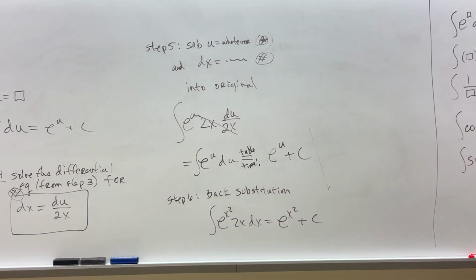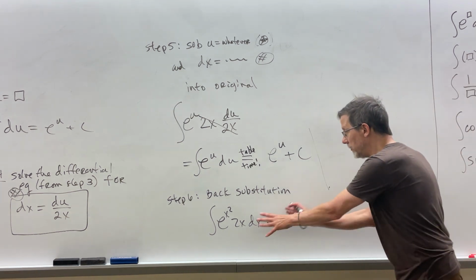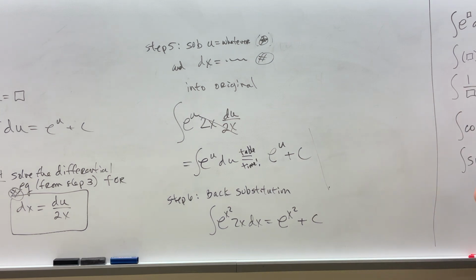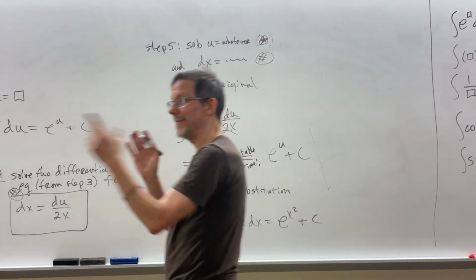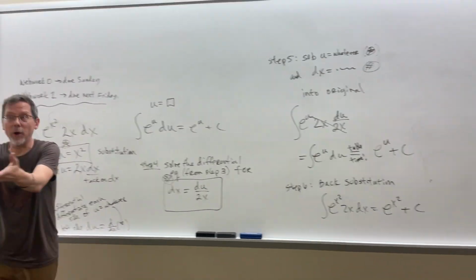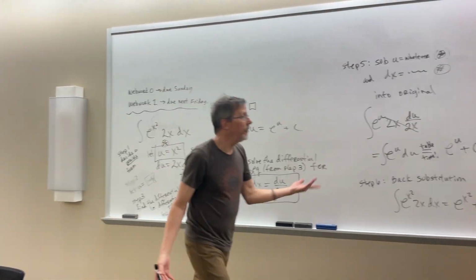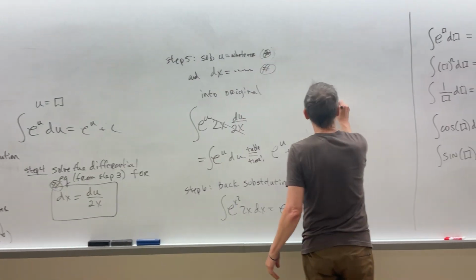And let's check. The great thing about calc is you can always check yourself. How can I check that this is true? Work backwards. I can differentiate. So the check is this.